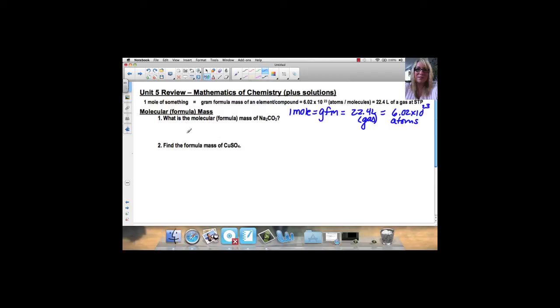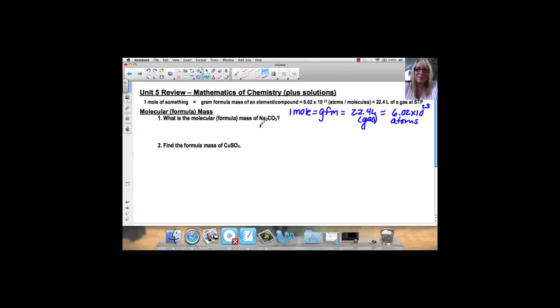Let's start off easy, calculating molecular mass. What is the molecular or formula mass of Na2CO3? When you see formula mass, they're really just asking for the GFM. So this becomes very simple because here you're just taking the element and multiplying it by the number of atoms that you have for its mass.